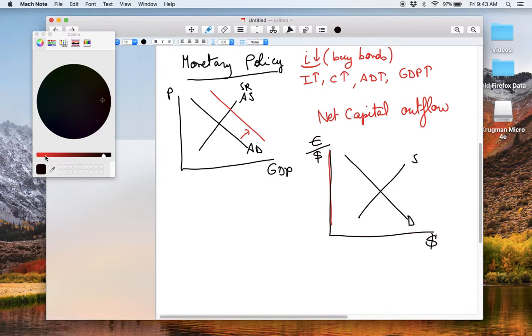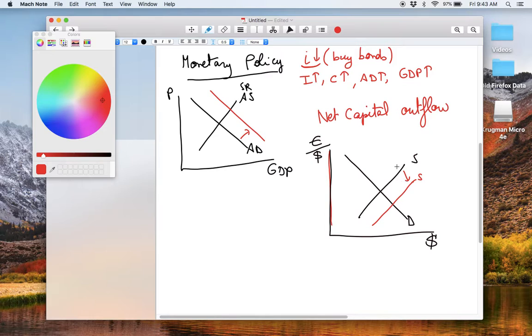there's going to be an increase in the supply of dollars because all these Americans want to leave. They want to invest in Europe instead or other countries. And the demand for dollars would go down. So the exchange rate would depreciate.